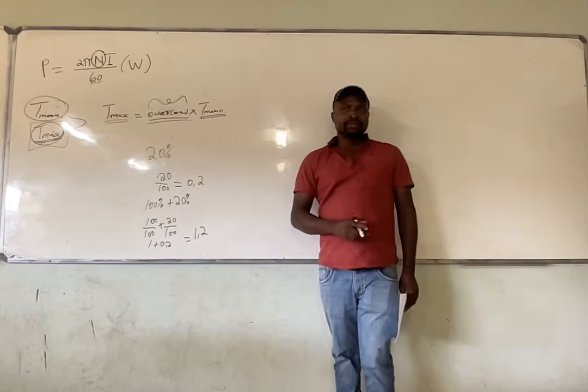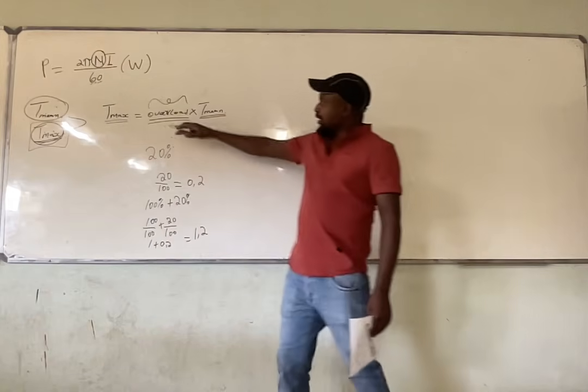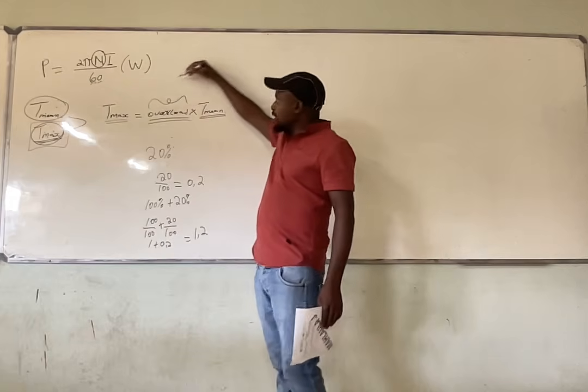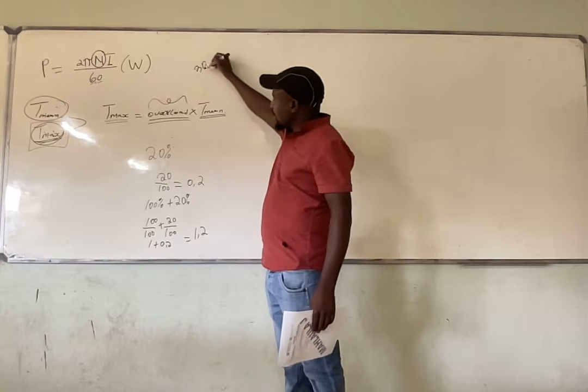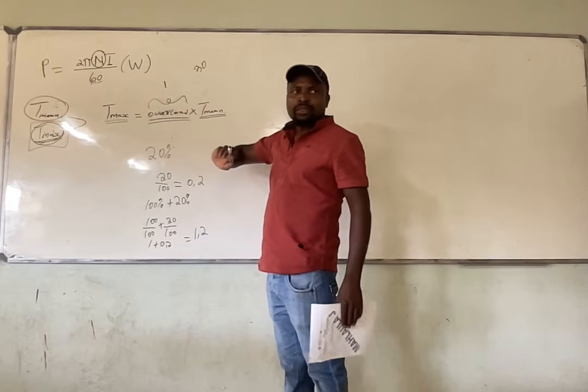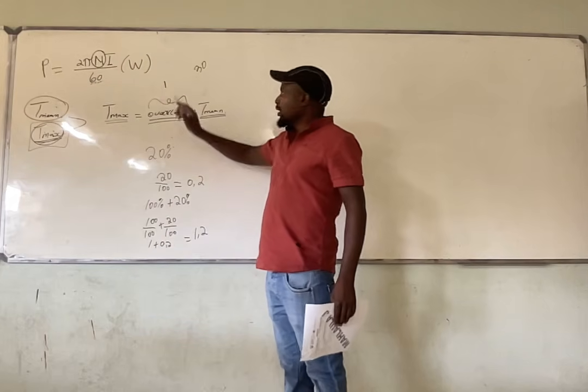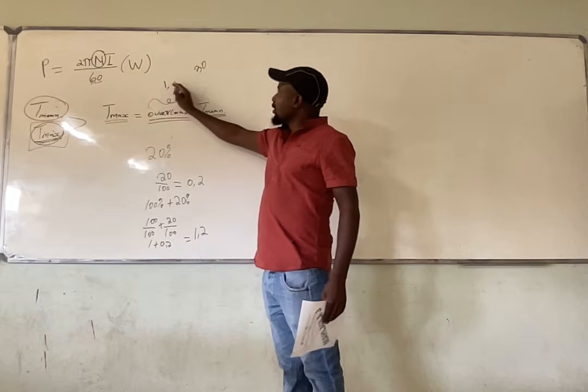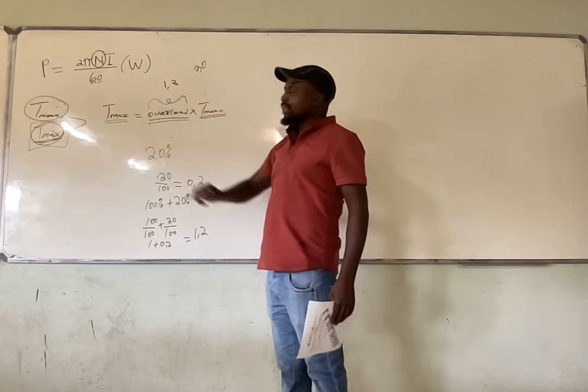So every time for overload, if you are given 30%, you first put 1 for full load, then add the percentage overload.